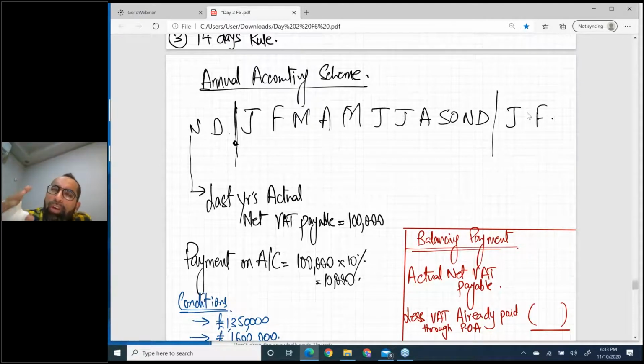So normally they file their return late, and when they file their return late, they have to bear the penalties of surcharge period, and that is very damaging for them.